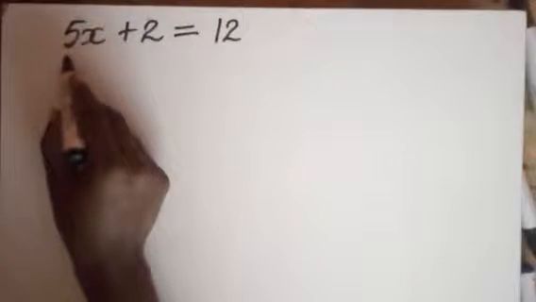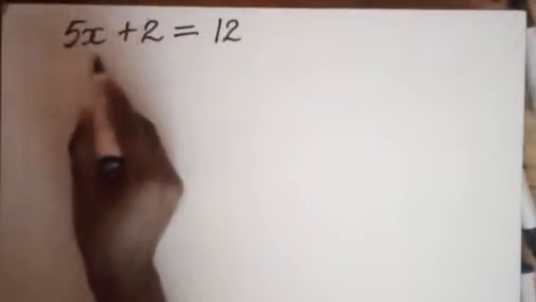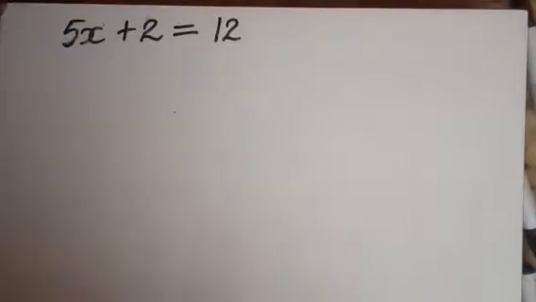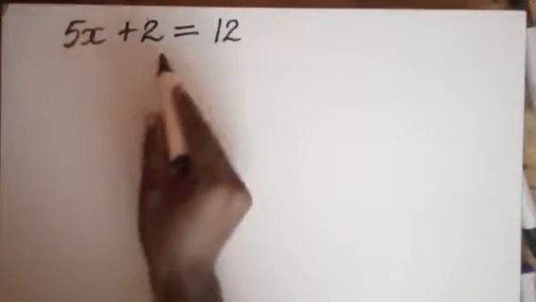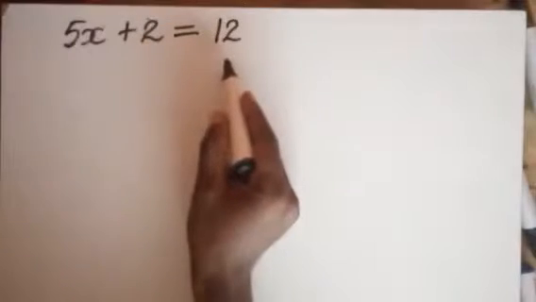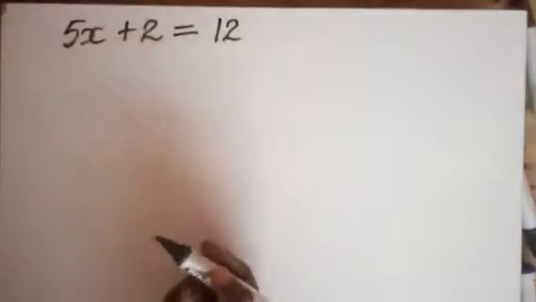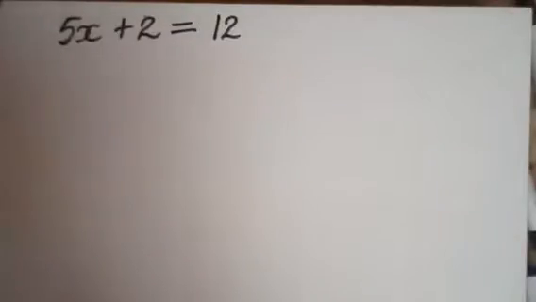We can say that 5 is standing for a, x is the single unknown we're talking about, and 2 is the constant. So we got ax plus b equals c. In this case, the unknown is x, and we are supposed to find the value of x.